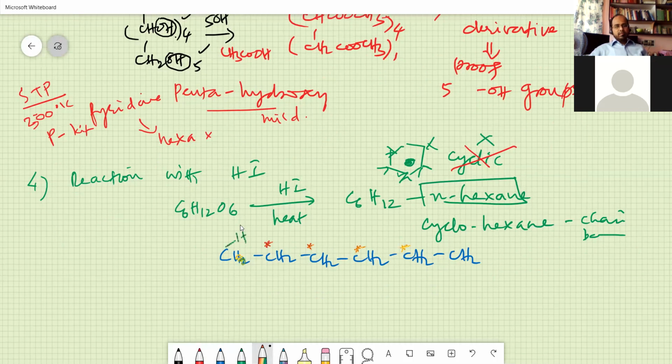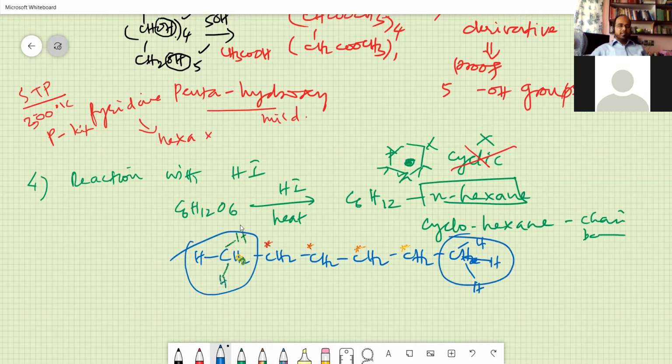This is one hydrogen, this is another hydrogen, and you have to add another hydrogen here. Likewise, you add one hydrogen here, another hydrogen here. So you get CH3 terminals, and that gives a chain. But when you remove this hydrogen as well as this hydrogen, you can join them and it becomes a cyclic compound.